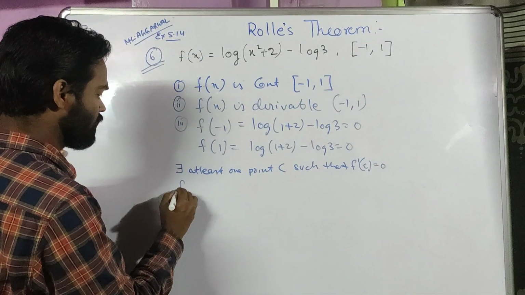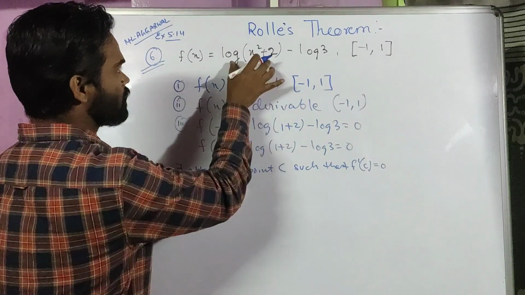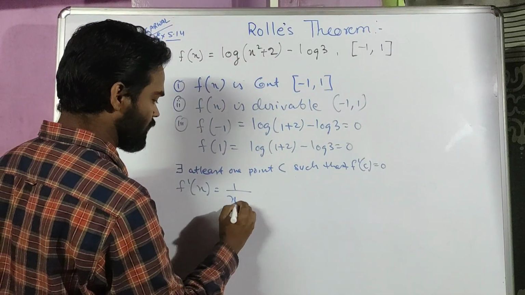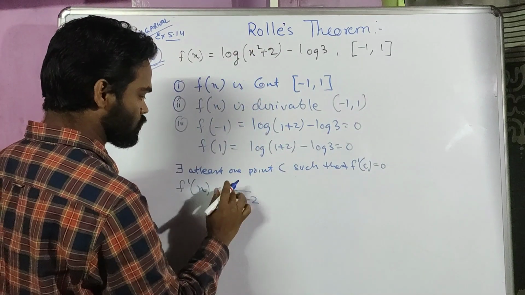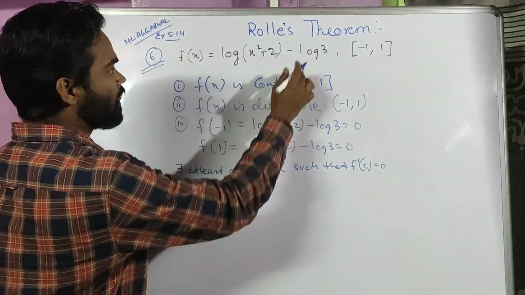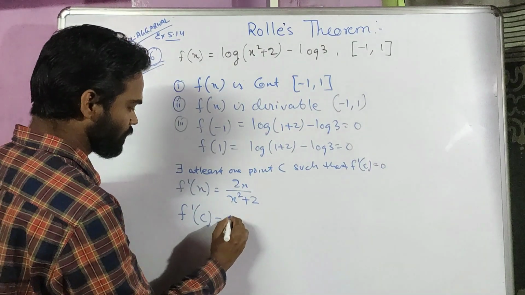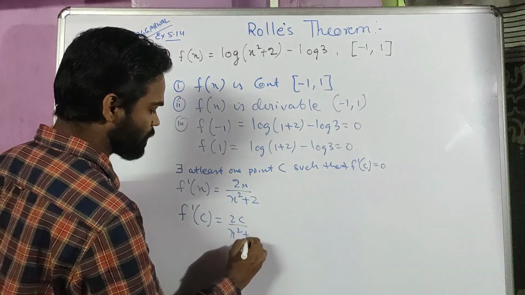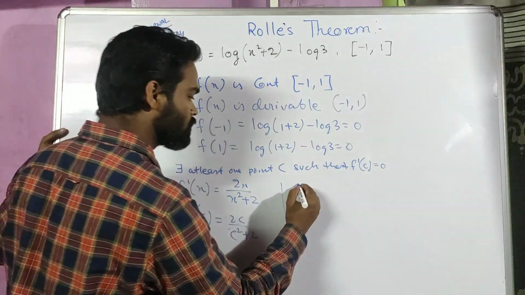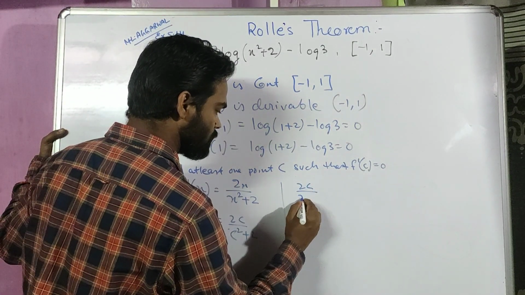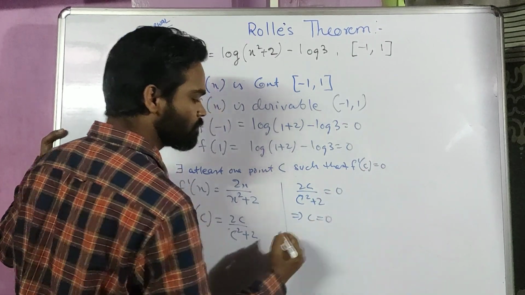Now look carefully. First of all, f dash x: this is log, so by chain rule this becomes 1 by x squared plus 2, and x squared differentiation is 2x, and this is 0. So f dash c is 2c by c squared plus 2, and this will be equal to 0, which means 2c by c squared plus 2 is equal to 0, which implies c is 0.